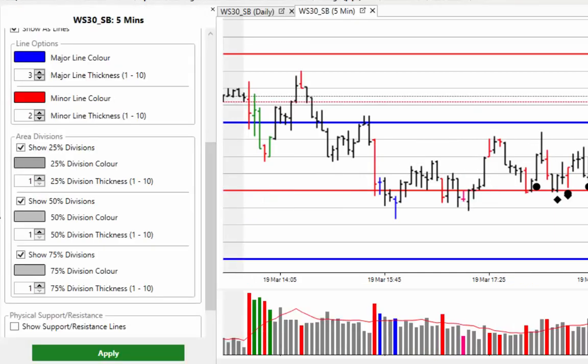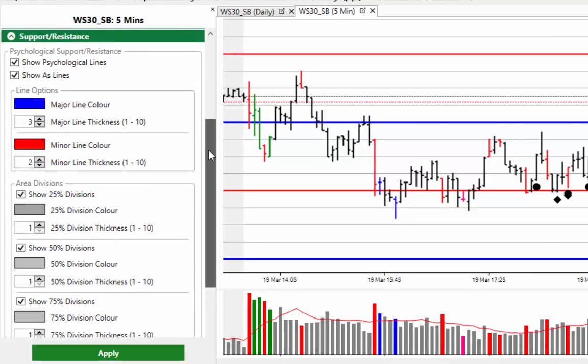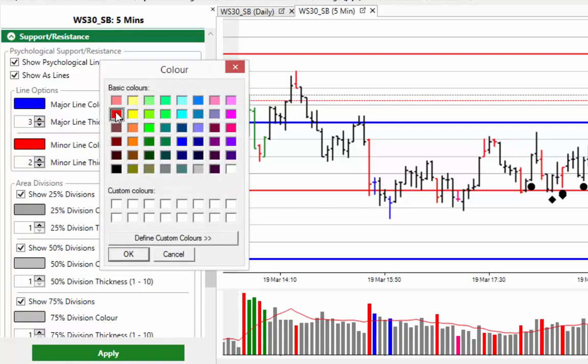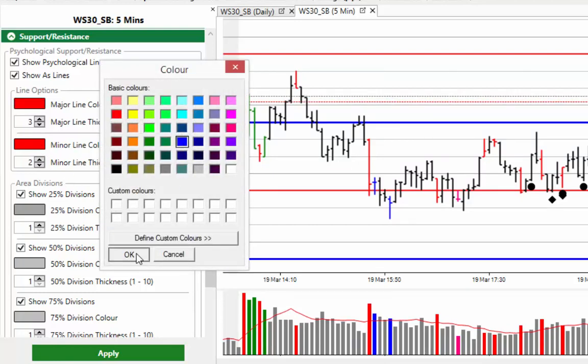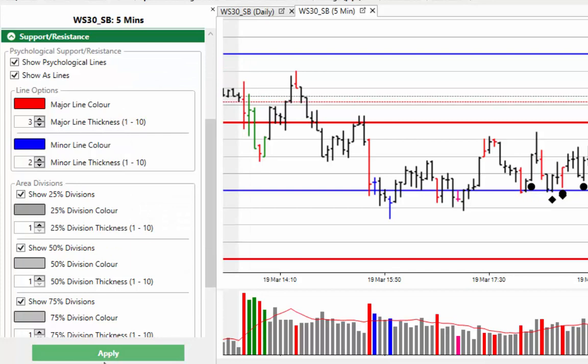And again, if you're coming down into settings, you can see on the left there we've got show as lines, and then you've got major lines, minor lines, and again you can change these to the colors that you actually want. You may prefer the major lines to be red and the 50 in blue, which is what I would personally prefer.